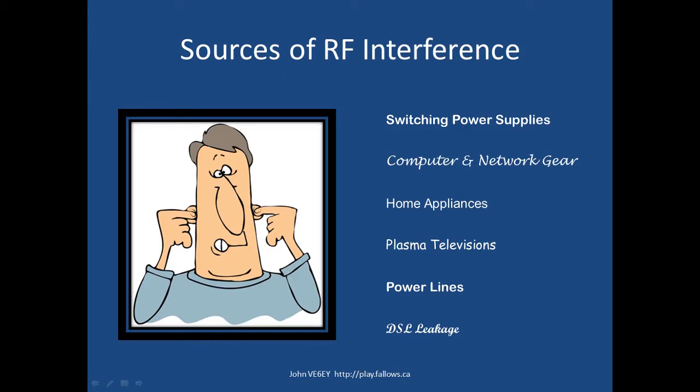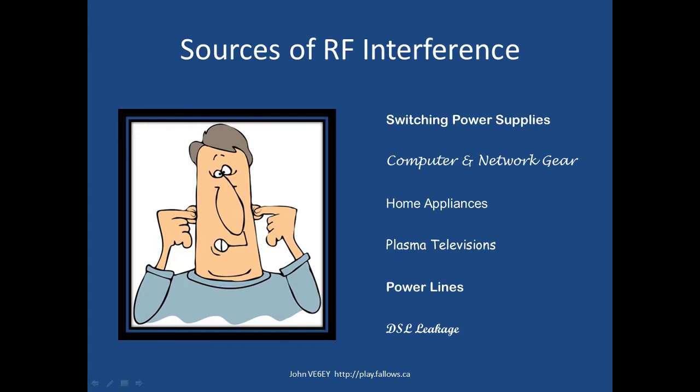And so on. So they're the number one source. Then they can be quite complex in the types of noise they create. Computer and network gear especially can give off noise from the power supply, but also the oscillators running in the computer and network gear can be a prime source of birdies. Home appliances, very popular source of noise. My front-loading washing machine, which we'll show you the noise from later.